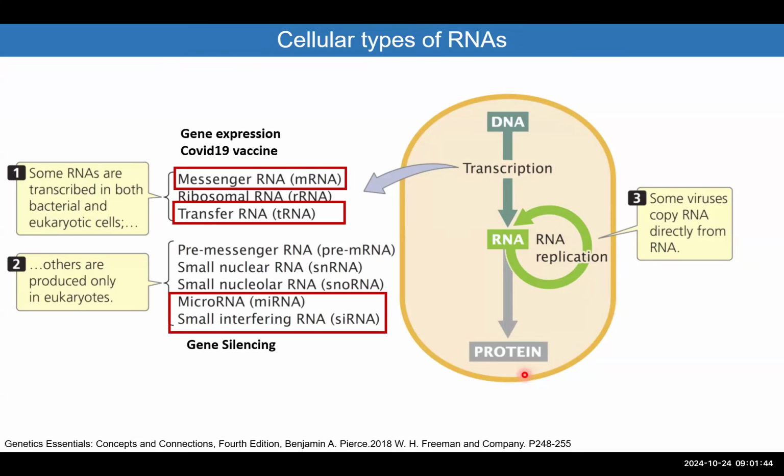In these sessions, we would like to know about the messenger RNA because that's how we can manipulate gene function. We will discuss a little bit about the transfer RNA because that's how the translation process takes place. And we would like to also discuss the microRNA and the small interfering RNA because that's how we knock down genes. We can down-regulate the expression of a gene by simply using the microRNA or the small interfering RNA.